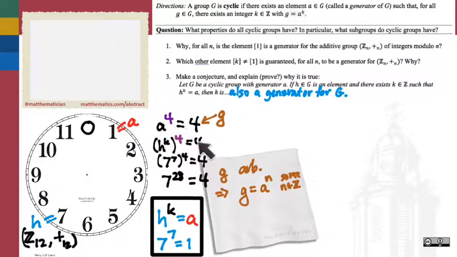But then what happened on my next line? The magic happened. H to the k, to the power n. And that's equal to H to the k times n. But then what does that tell me?